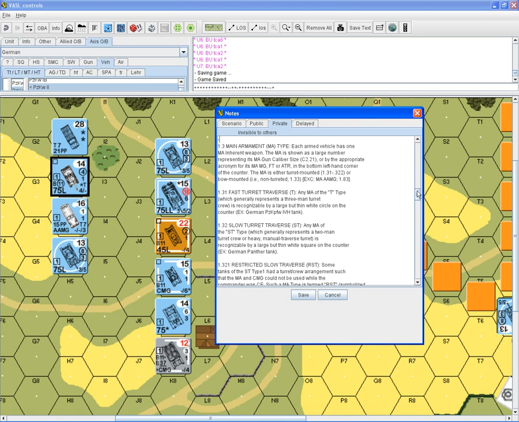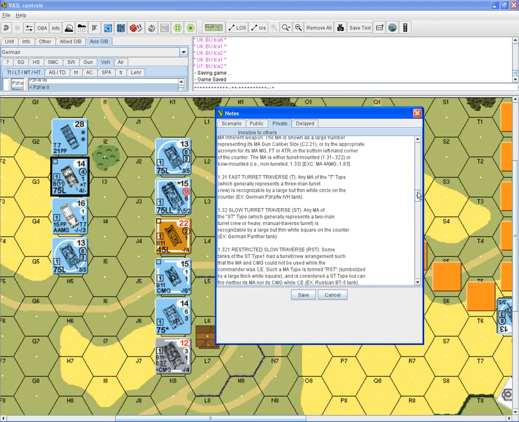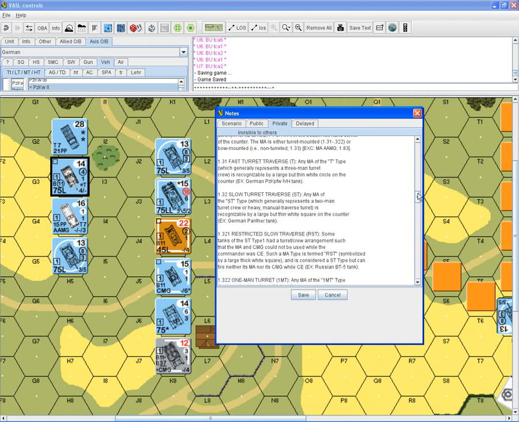When we're talking about main armaments, some things to keep in mind is there are different ways that main armament can be affected. The first way is 1.3.1, and we're talking about a fast turret traverse, which is just a plain T. Any main armament of the T type, which generally represents a 3-man turret, you can recognize by a thin white circle on the counter.